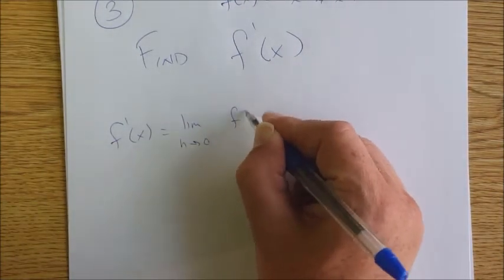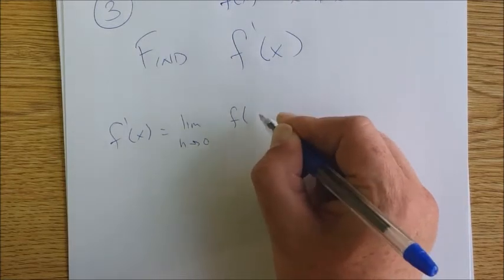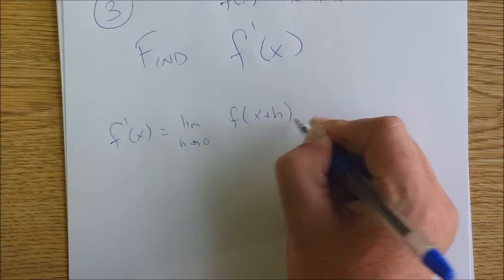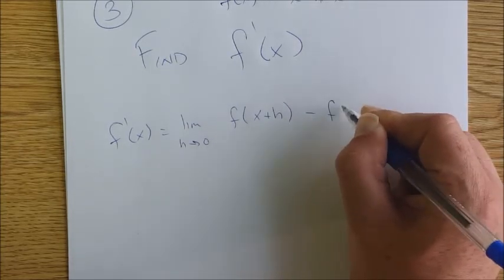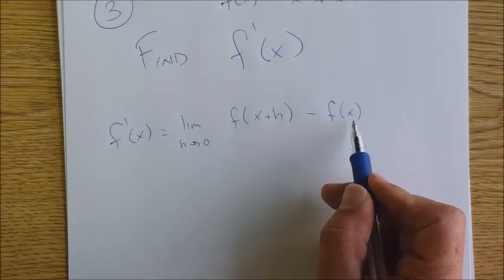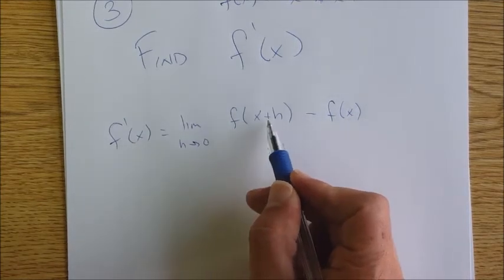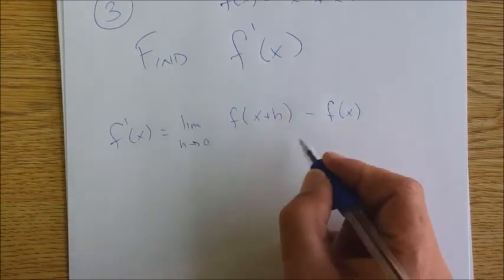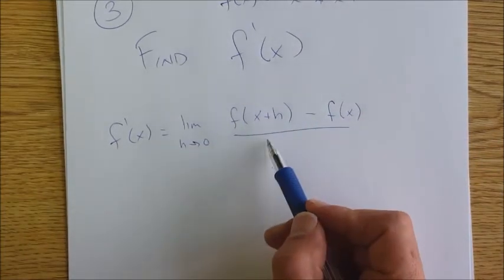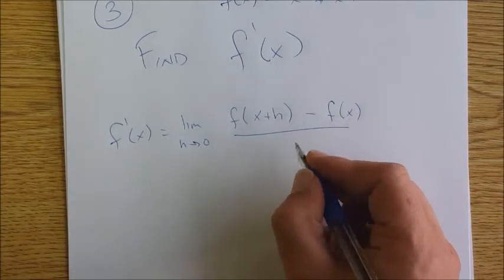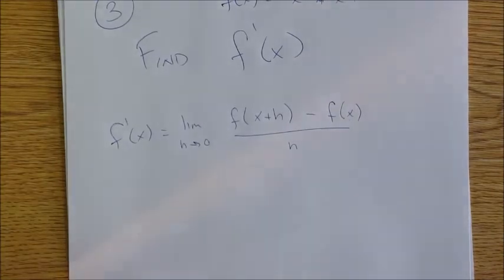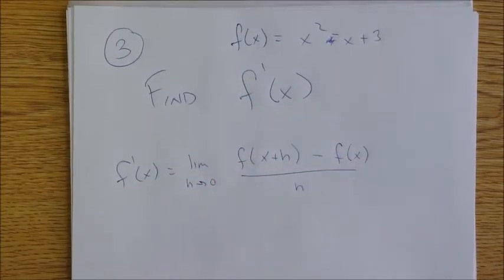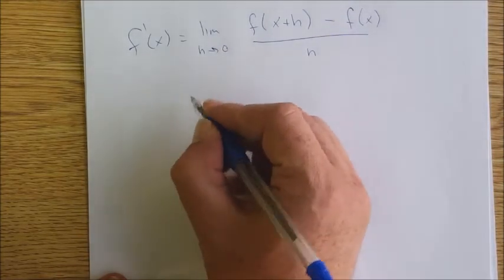So what we're going to do, take the function of x plus the change, and then take away where we started. All right, so we were at x, and went to x plus h. So the distance up and down, you got the answer there and the answer to that. And you subtract x plus h minus x, which is back to h again. That's what we've been doing each time. All right?